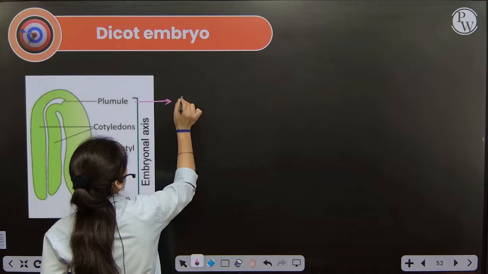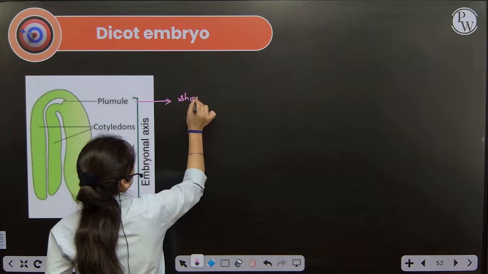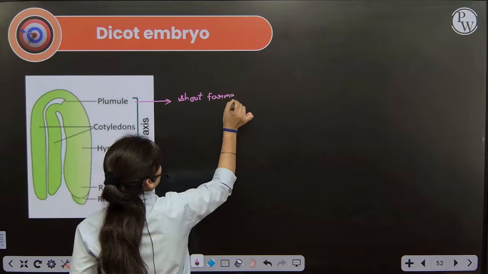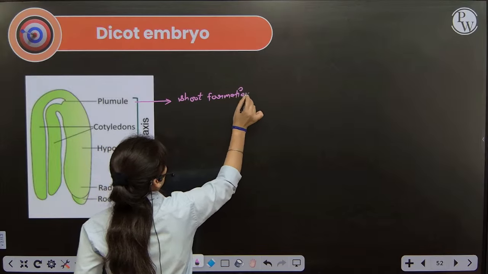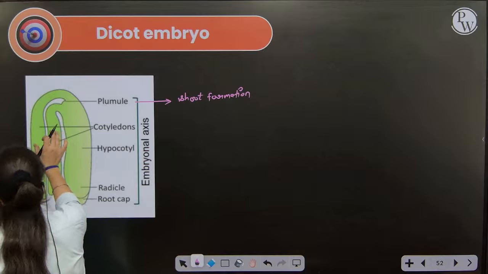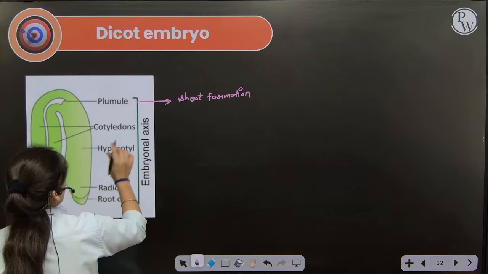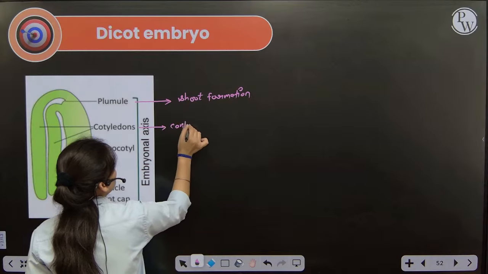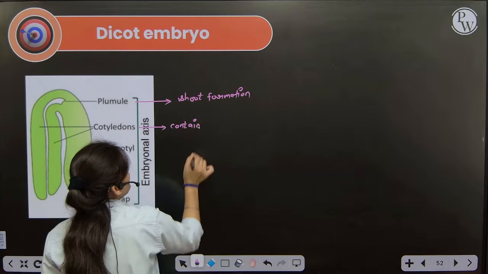It helps in shoot formation. Then these are two cotyledons in case of dicot. Cotyledons contain reserve food material. There are two cotyledons in case of dicot.